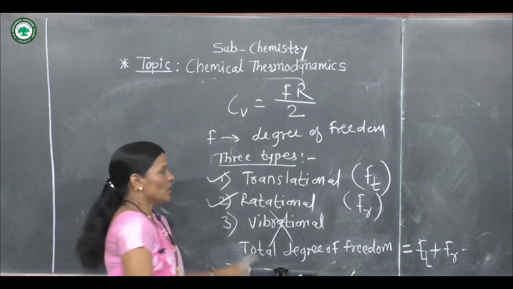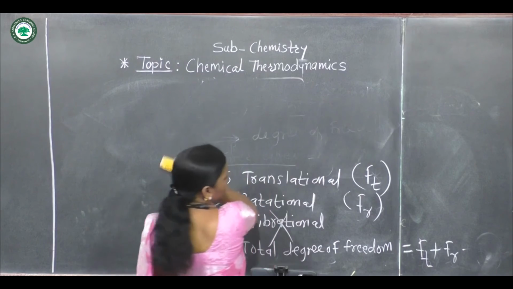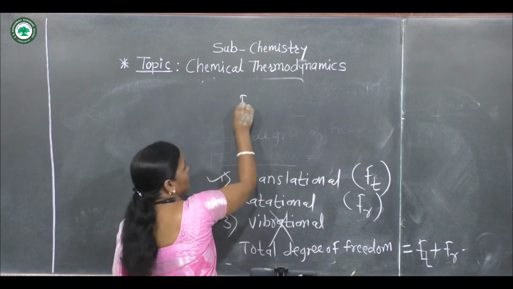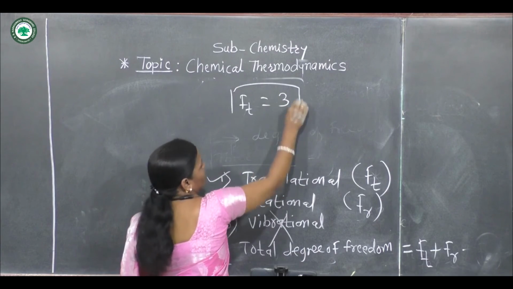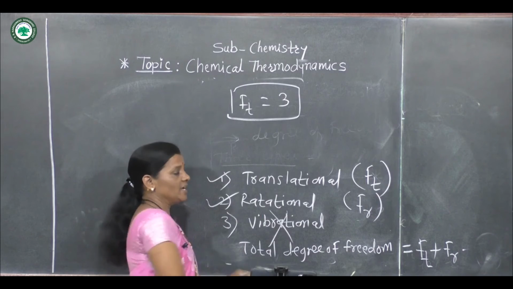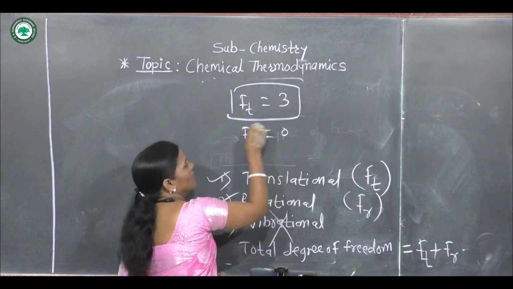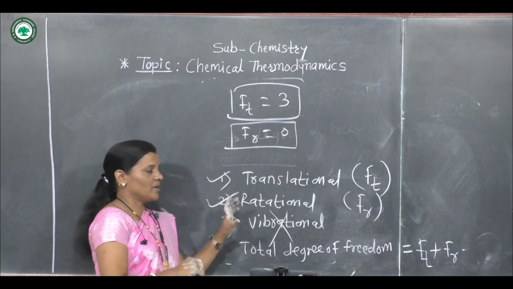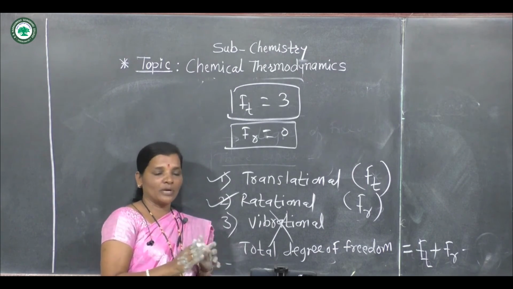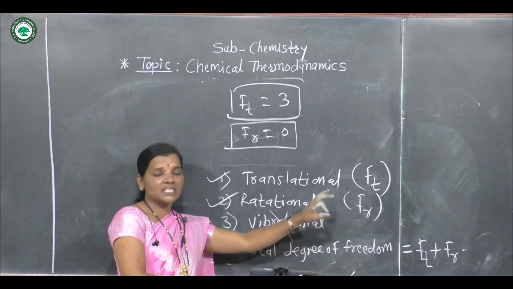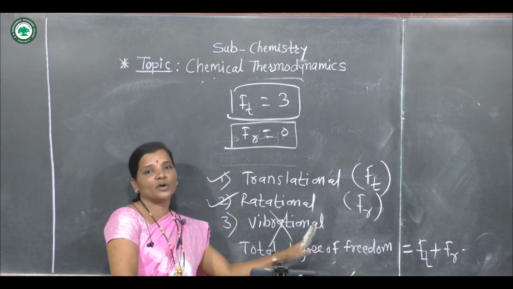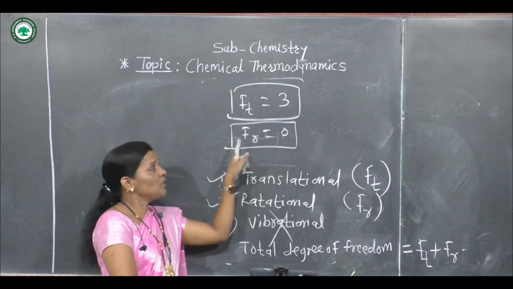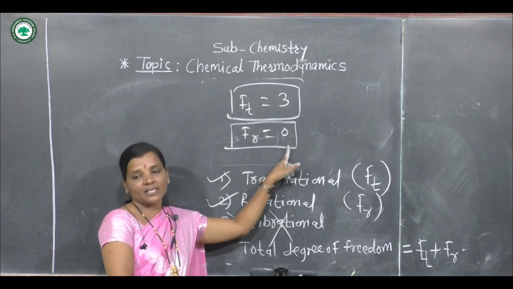So one thing we have to keep in mind, that we are related with the translational degree of freedom. Here FT is always 3, and the value of FR is always 0. When we find total degree of freedom for any system, it is translational plus rotational degree of freedom, where translational is always 3 and rotational is always 0.